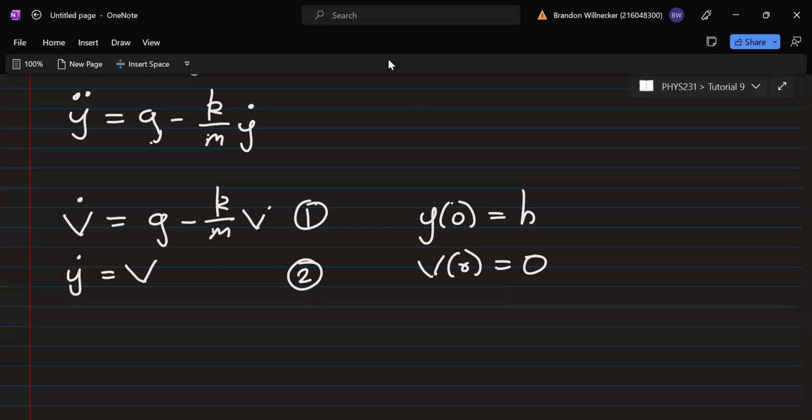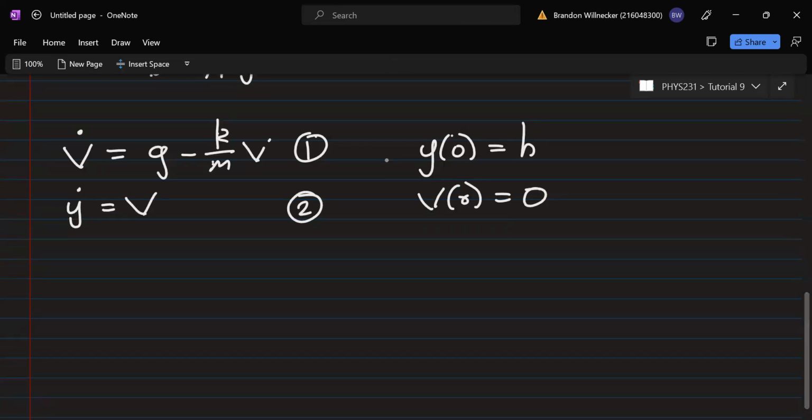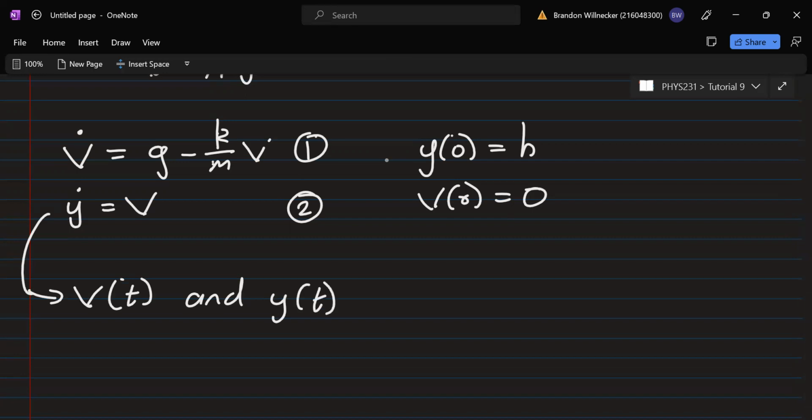From these two equations, we can find v of t and y of t. Solving equation 1, we get a list of velocity values over time, and for equation 2, a list of y values over time.